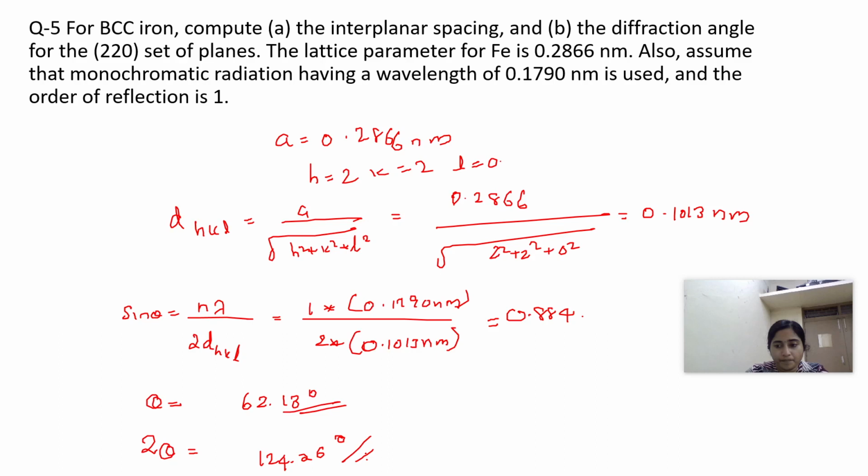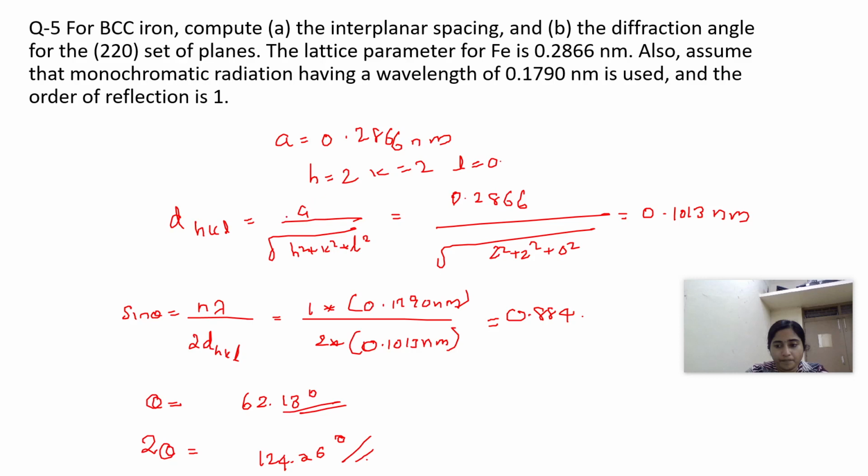And how can we find the reflection angle for some non-cuboidal structure? Diffraction angle for a non-cubic structure? For a non-cubic structure, the a by that value you have to change.